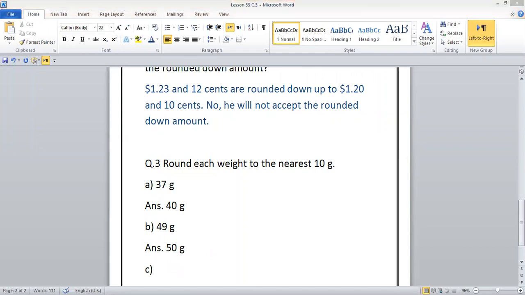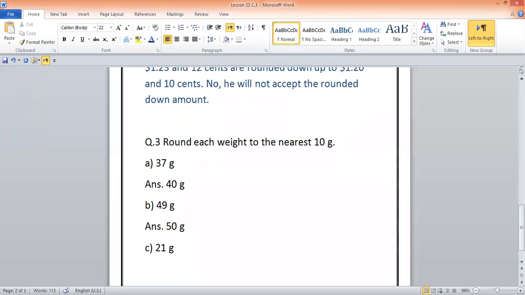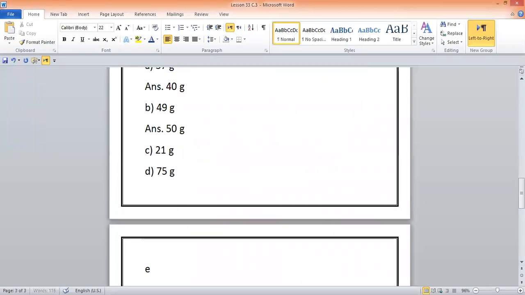C, D, and E. So C is 21, D is 75, and E is 84.